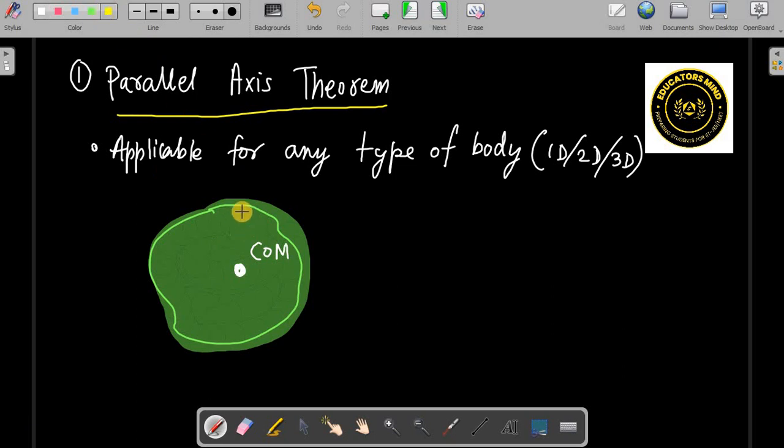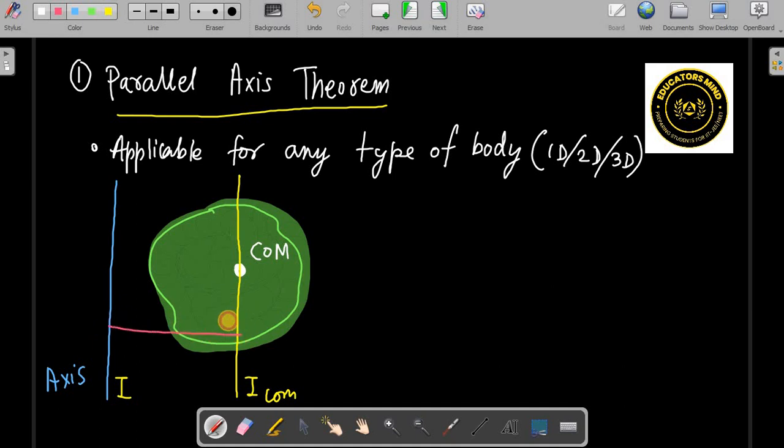This is the center of mass and this is an axis passing through the center of mass. Now I want to calculate the moment of inertia about an axis which is parallel to this one. This is the axis, and it is parallel to the center of mass axis. Let's write this as I center of mass, and the distance between the axes is, let's say, d.